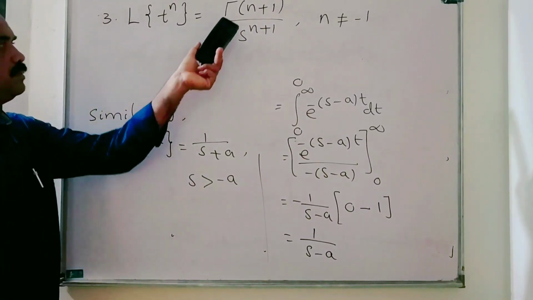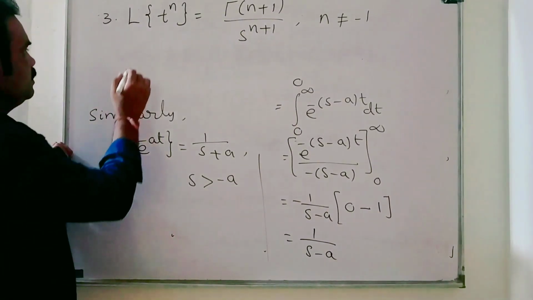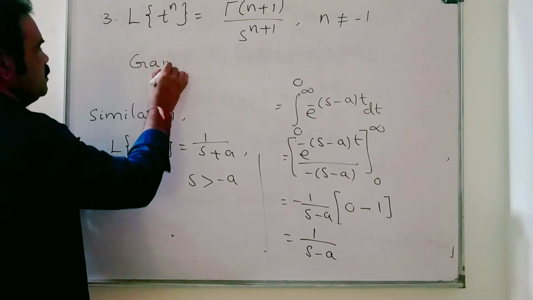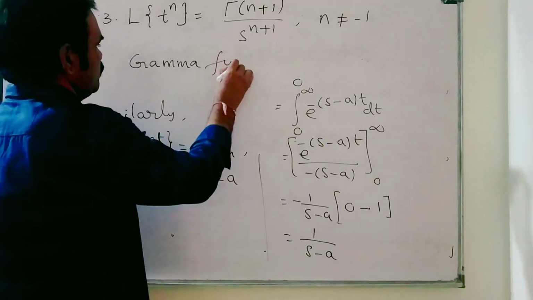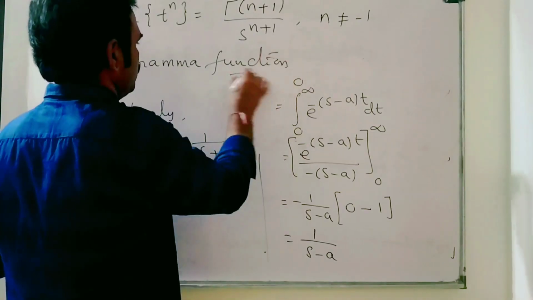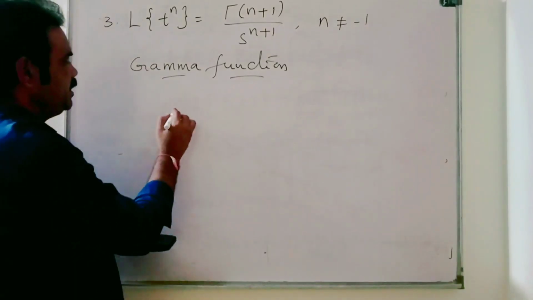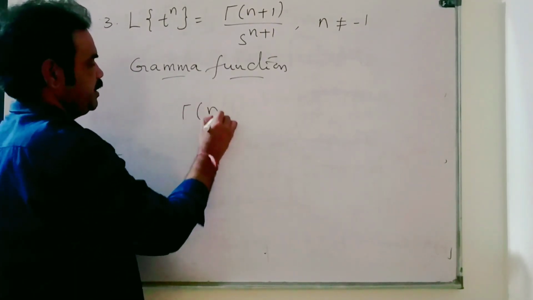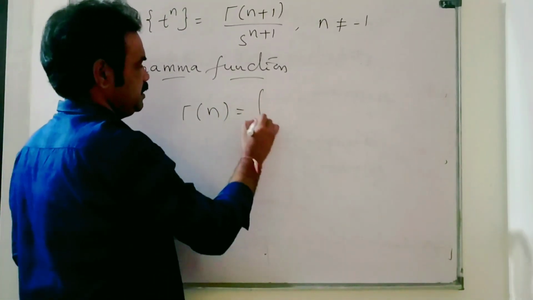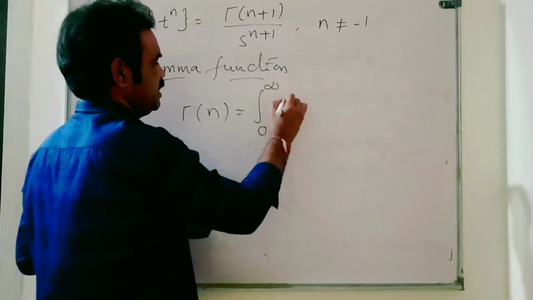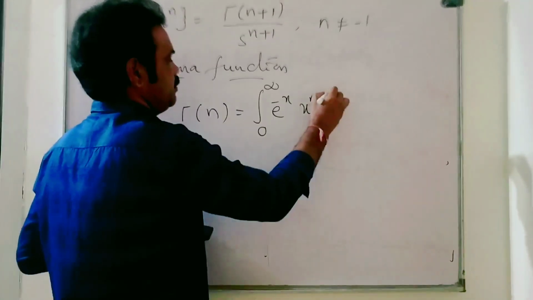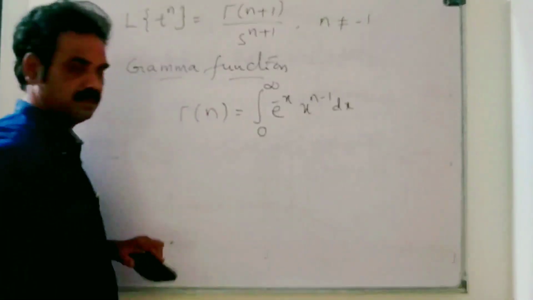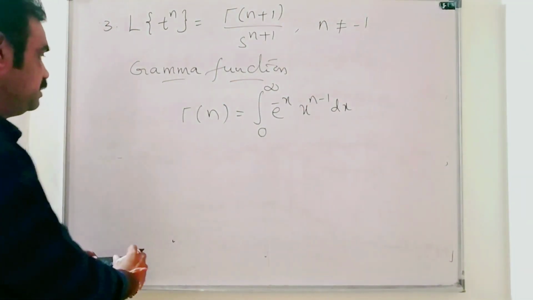To know this, first you have to know about the gamma function. For any constant n, we define gamma n as integral 0 to infinity e power minus x, x power n minus 1 dx. This is the gamma function.